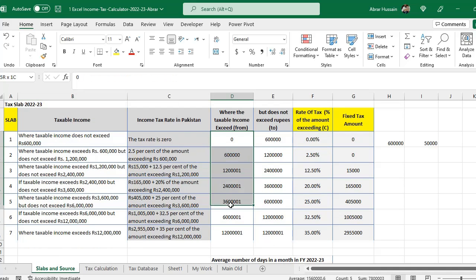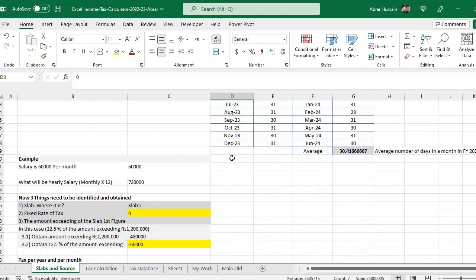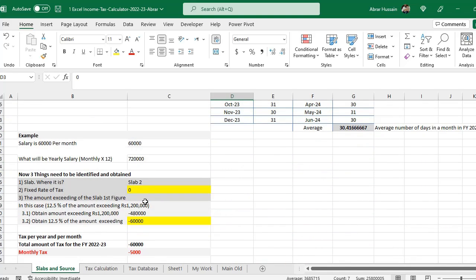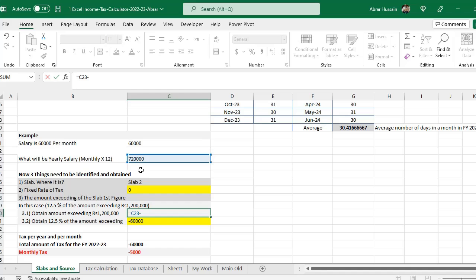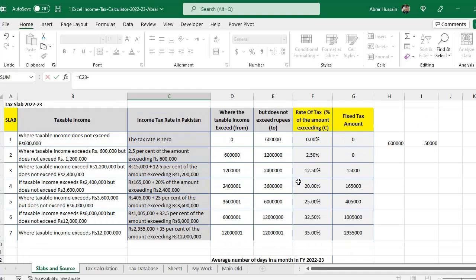This is the first figure of the slab and this is the last figure of the slab. So the amount that is exceeding from the starting point of the slab, we will obtain that: this minus the starting point of the slab, this.